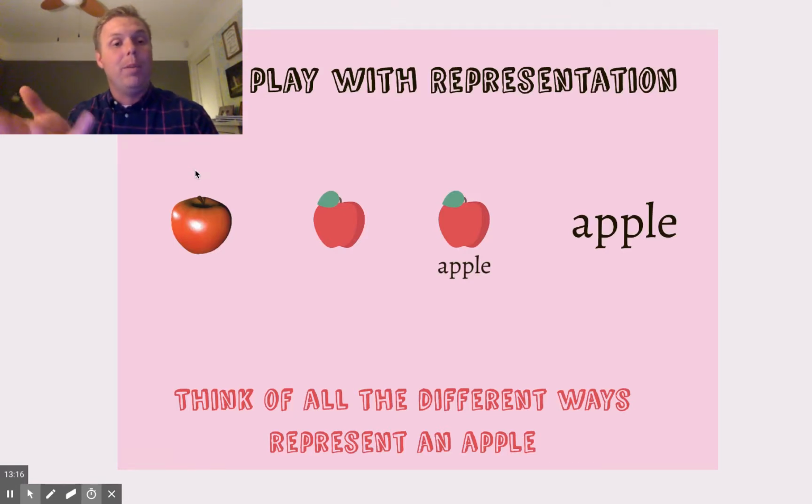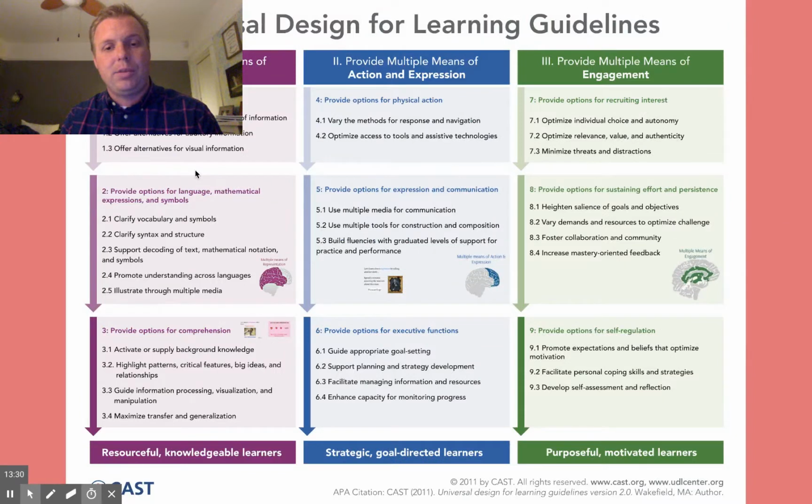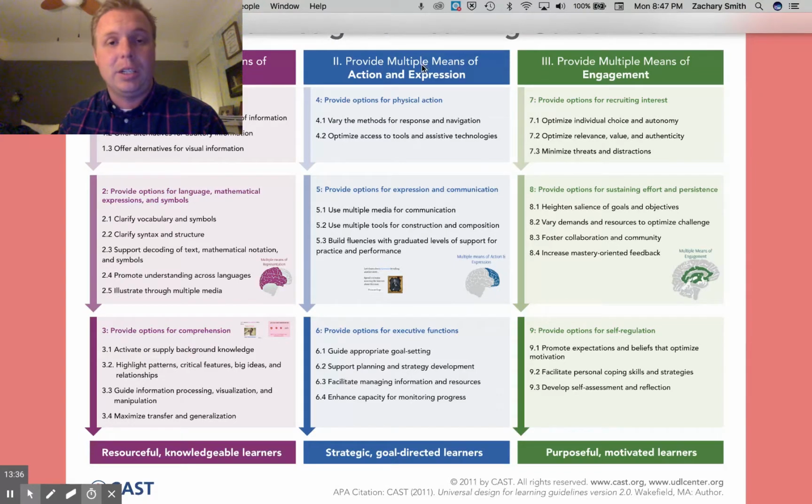And the more you know about the different representations of an apple, the more delicious recipes you're able to make, and the more overall concepts that you can connect an apple to. That's representation. So the last area that we want to focus on is the principle of action and expression.